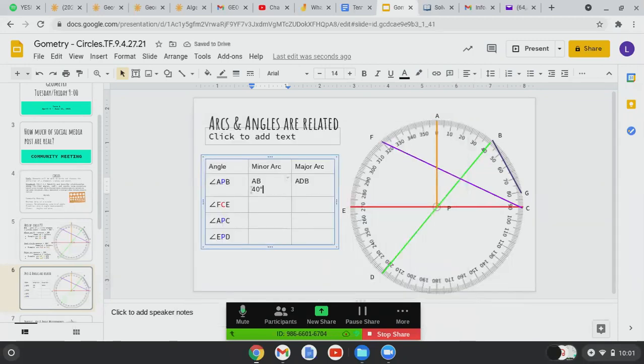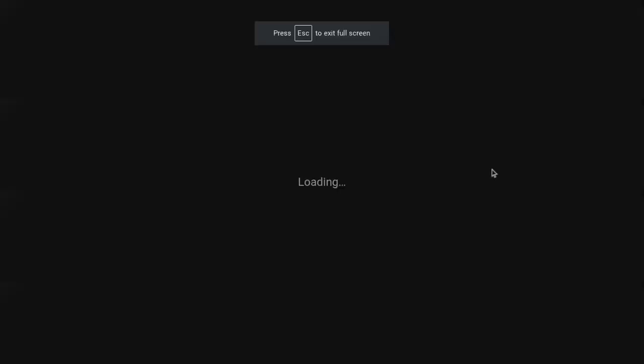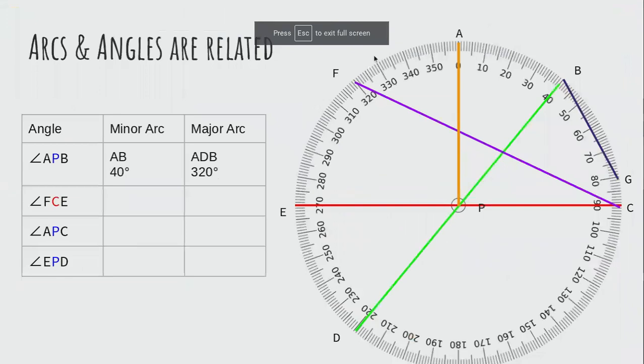And we found the measure of the major arc to be 320 degrees. So if the angle goes from F to C to E, what's the minor arc?